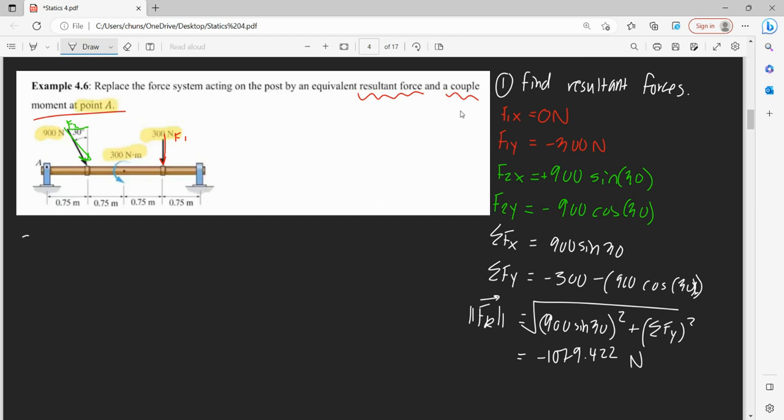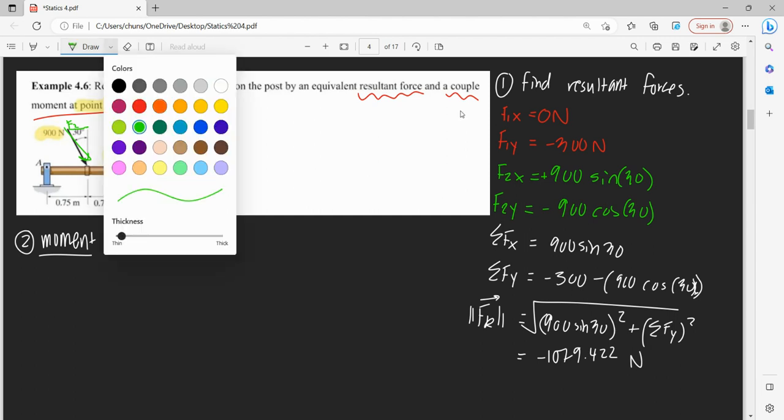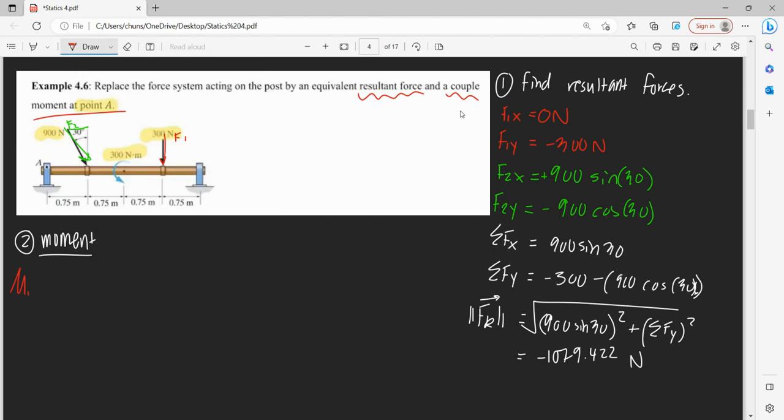And now to find our moment. So let's find our moment just with each of these components on their own. So we'll start with point A. So start with this one. This is 300 times our horizontal distance, so that's 0.75 times 3, 2.25 meters.